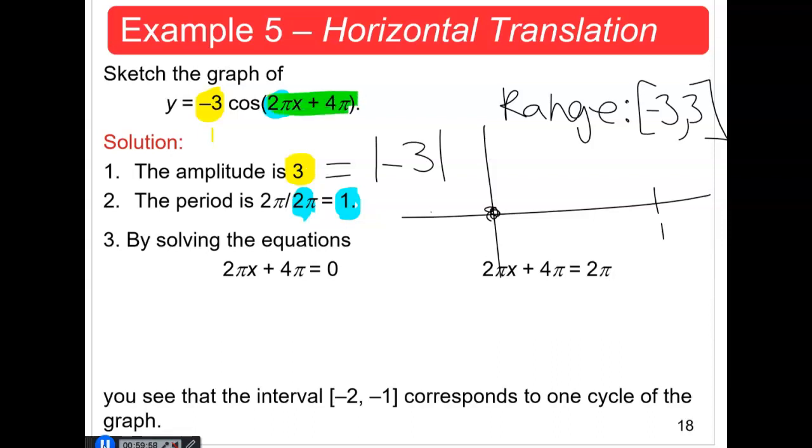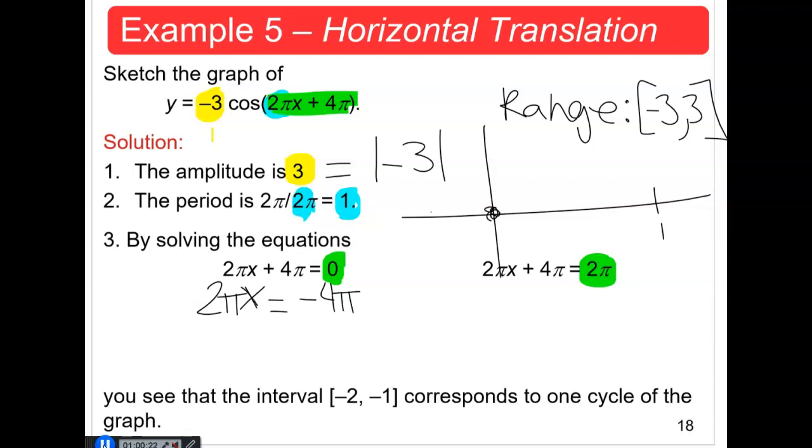What? Well, 1 radian. By solving, then we got to find the phase shift, and so that is given by taking what's inside the parentheses and solving these two equations. One will equal to 0 and the other one to 2 pi, because that's what the parent function does. So if we solve this equation here, remember we're trying to solve for x, so 2 pi x will equal to negative 4 pi.